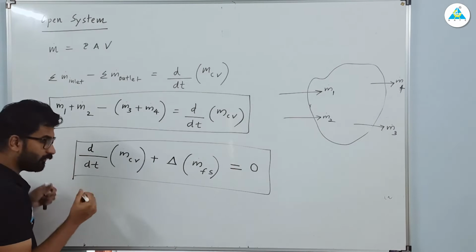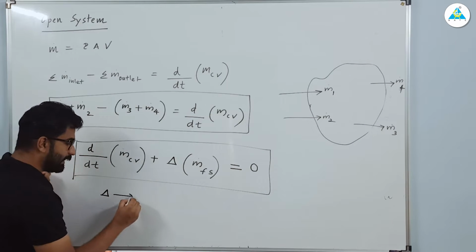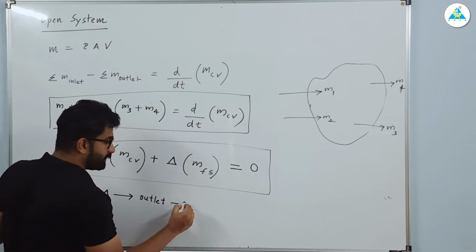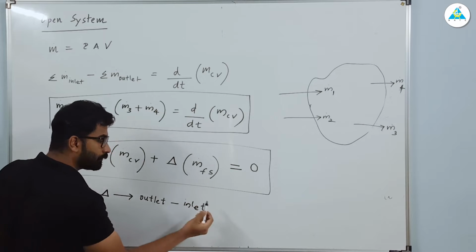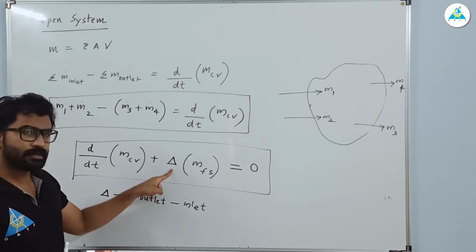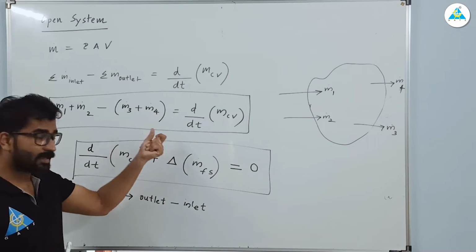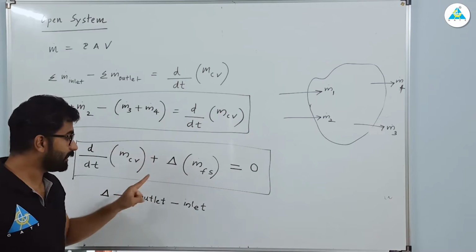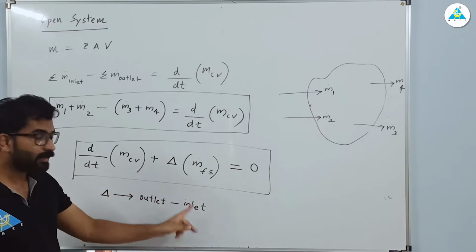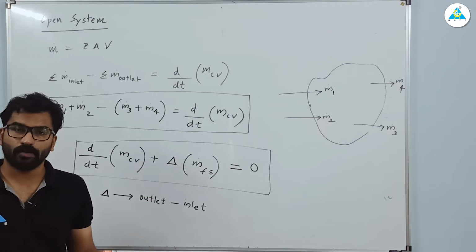What is the meaning of this del? In chemical engineering, it is your outlet stream minus inlet, or exit minus entrance, same meaning. M3, M4 is our exit, so if you go that side, that will become positive outlet. M1 plus M2 is our inlet, so if you go that side, that will be inlet.